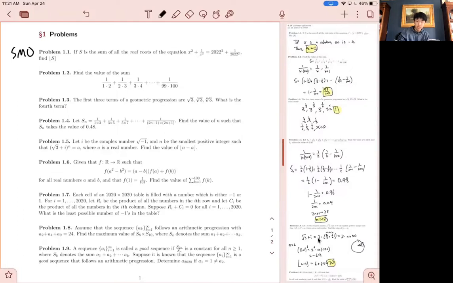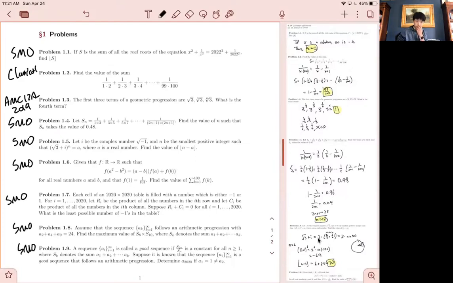This is from Singapore. This is classical. This is from AMC 12A 2014. Singapore, Singapore, Singapore, Singapore, Singapore, and Singapore. I have discovered that I really like the Singapore ones.